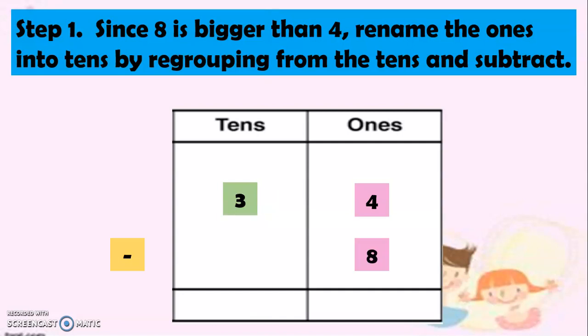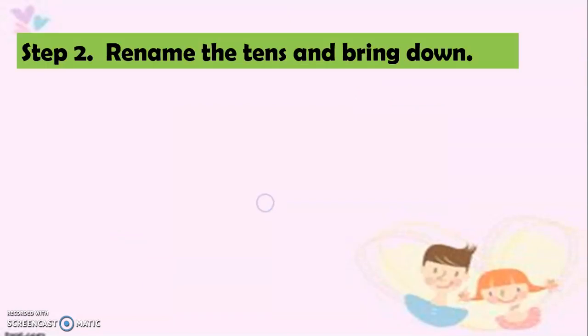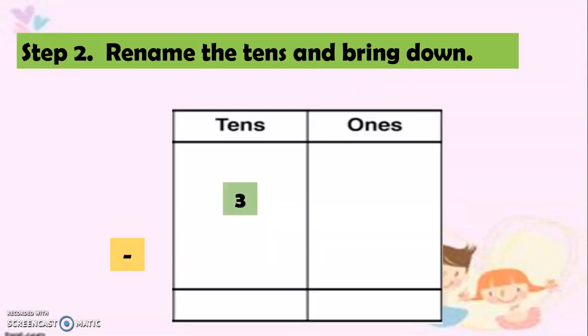And since 8 is bigger than 4, we're going to rename the ones into tens by regrouping from the tens and subtract. So 4 now will become 14. And 14 minus 8, we have 6. And for step 2, we have 34 minus 8.